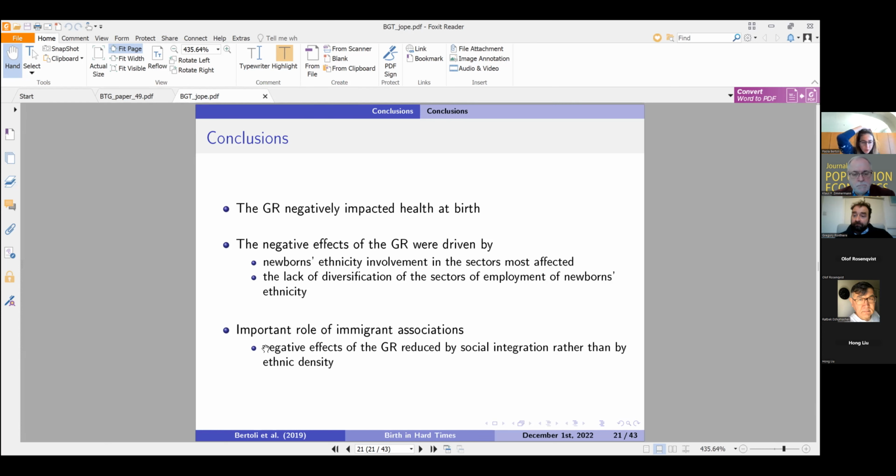So it will be important for policies that aim to ease the economic burden during an economic downturn to weigh in the extra obstacles that minorities are subject to. In this sense, the role of immigrant associations could be highlighted more and supported. And with this, I hope that I was on time, and thanks for listening to my presentation.